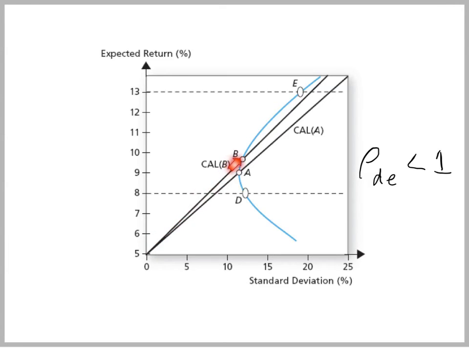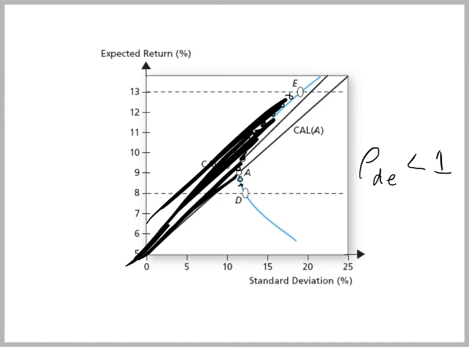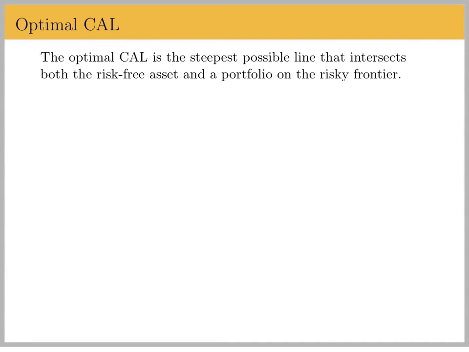Well, the overall frontier then becomes the line, the CAL, connecting the risk-free to whatever portfolio you choose on the risky frontier. And there are a potentially infinite number of CALs, because note, there are an infinite number of portfolios on this frontier and a CAL connecting every one of them. So there are actually a whole lot of capital allocation lines that you could choose.